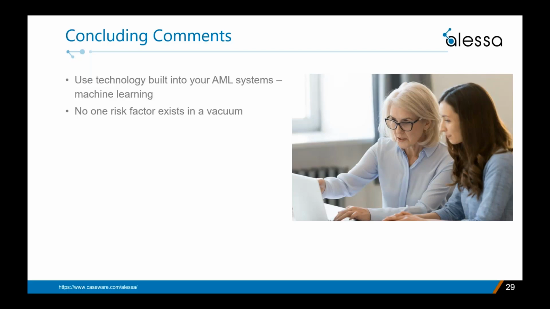I want to also reemphasize that no single factor exists in a vacuum. All the risks we've explored today should be considered together along with customer profile and relationship risks and geographic risks, which we'll be talking about in our final webinar coming up in April. And most important of all is to always consider customer risk scores within the context of actual customer behavior.